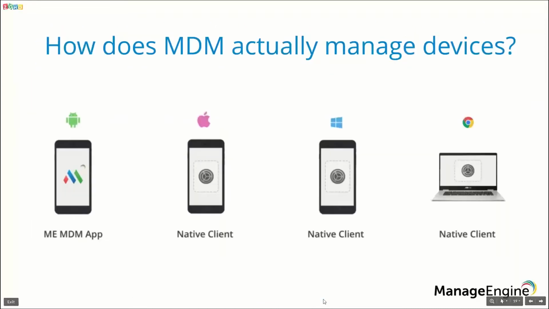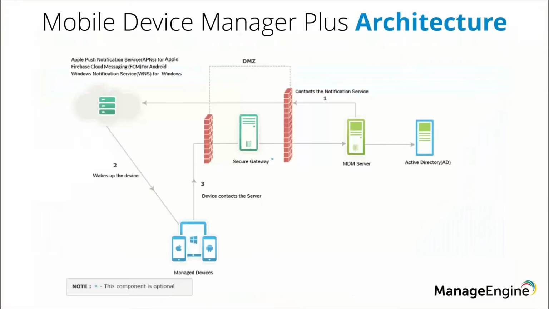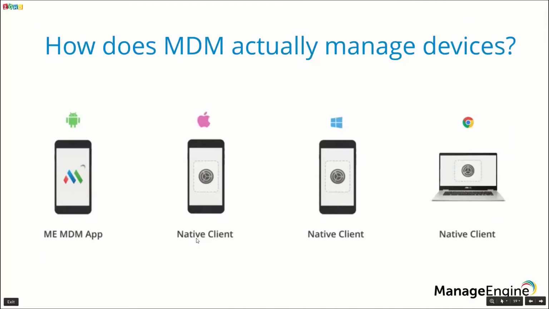So as you see, MDM follows the client and server model. So you need to have an MDM app or a profile deployed on all the devices in order to manage them. And that is what I covered in the last training series, where we discussed more about the enrollment process.